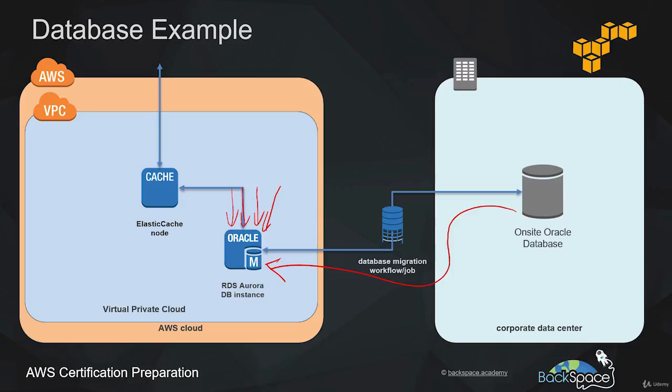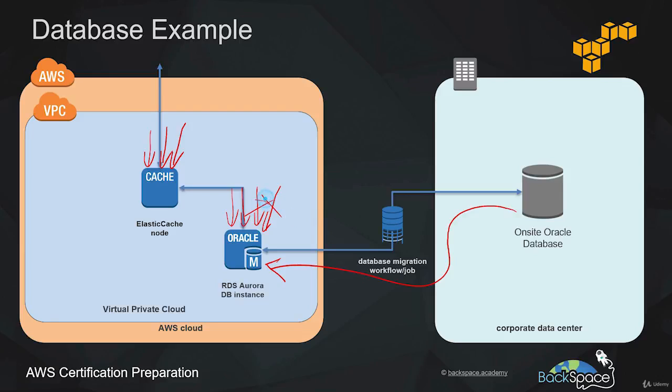We can put an ElastiCache node in front of that RDS instance, and that will cache our frequently accessed data. And because it's delivering that data from memory and not from a hard drive, it will be delivered with very low latency. And at the same time, the load on our database will be massively reduced.